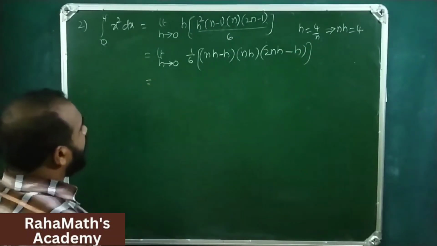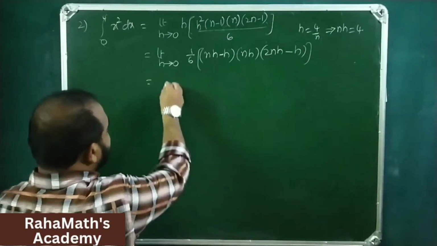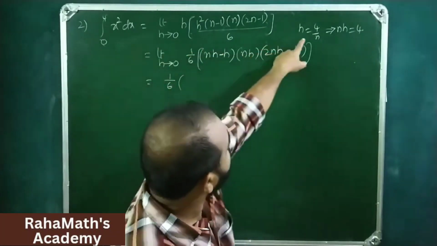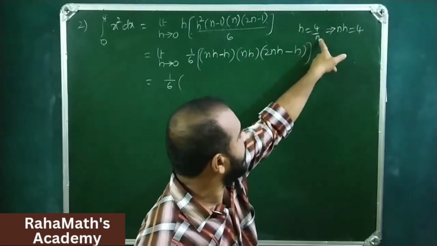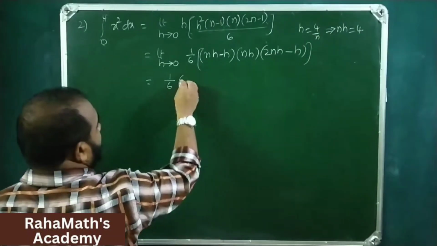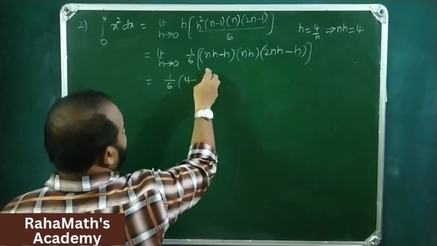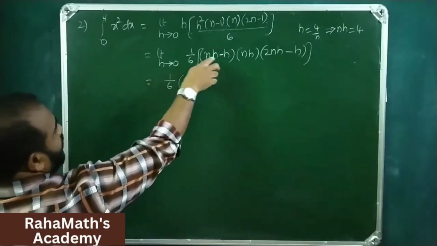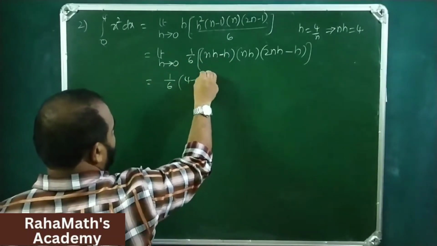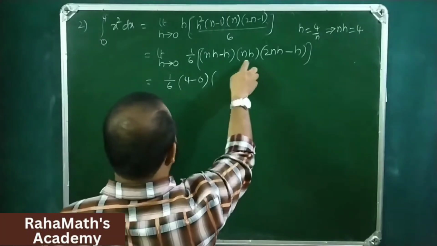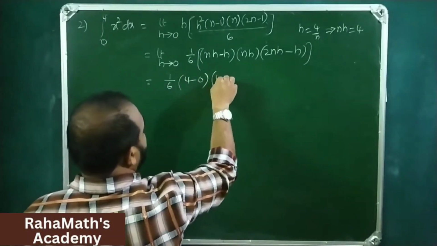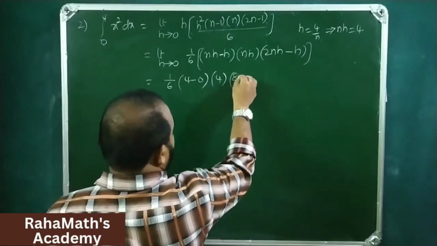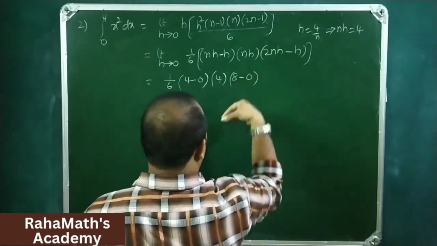Now 1 by 6 into the value of nh. h equals (b minus a) by n, which is (4 minus 0) by n, so nh equals 4. Let us substitute 4 and take the limit h tends to 0. If h equals 0, nh value is 4, into 2nh, which is 2 fours are 8, minus h, whose value is 0.